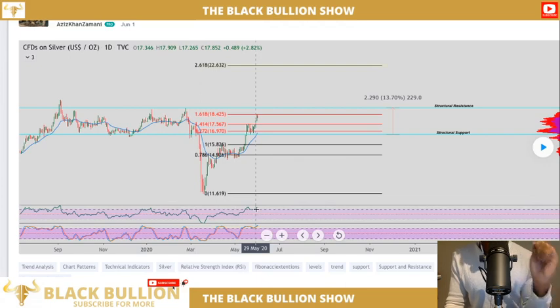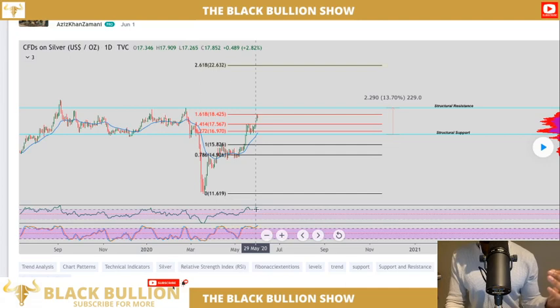So if it hit the Fibonacci extension at the same time as being overbought in the RSI, this may indicate that we might see some trend reversal and some downward momentum.